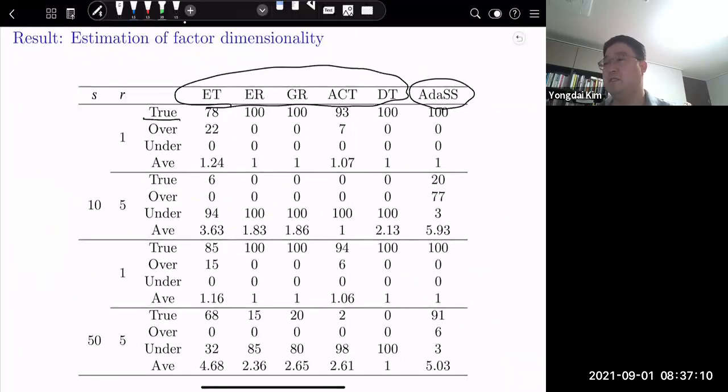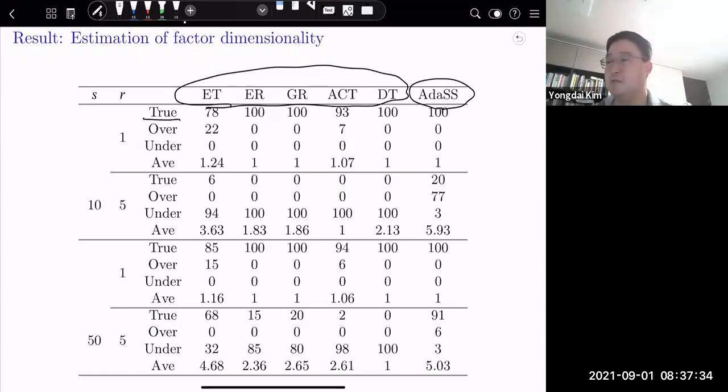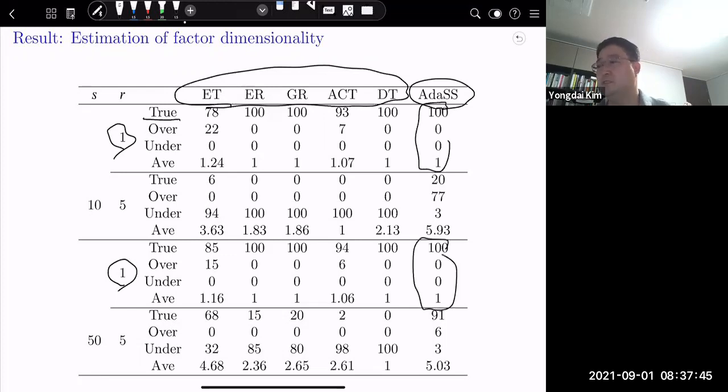True means that the estimated dimensionality is exactly equal to the true dimensionality. Over means that the estimated factor dimensionality is larger than the true factor dimensionality, and under means that the estimated dimensionality is less than the true dimensionality. When the true dimensionality is 1, it's very small, and our method works well, perfectly identifying the factor dimensionality.